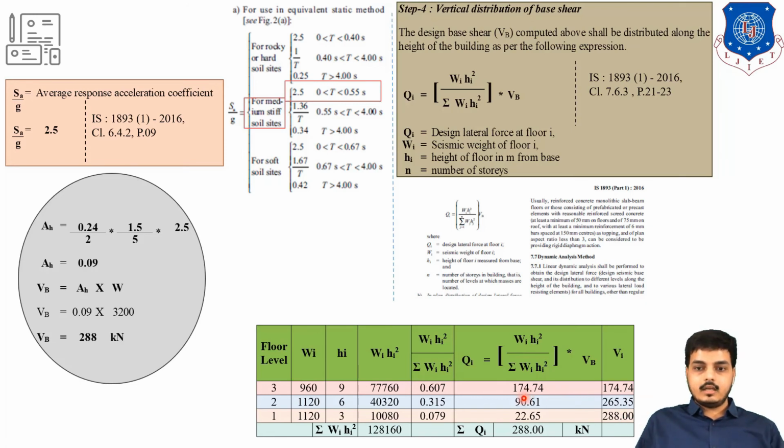So look how it is coming out. 174.74 is over here. Then 174.74 plus 90.61, I will be getting 265.35. Then 265.35 plus 22.65, so it is 288. So it should be similar to this. So this was our value of Qi and Vi, which is useful for drawing the diagram.